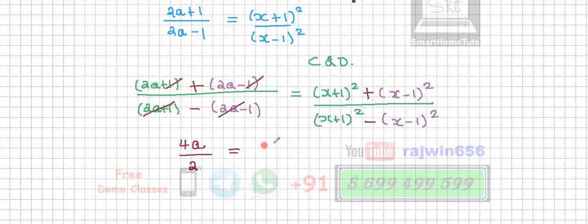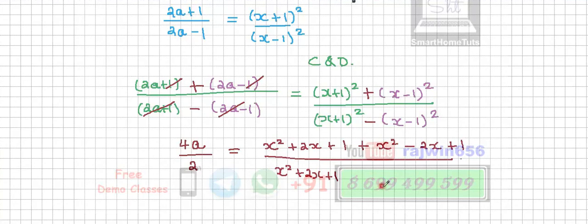So this is going to become x square plus 2x plus 1 square is 1, plus this is going to become x square minus 2x plus 1. This also will be x square plus 2x plus 1.